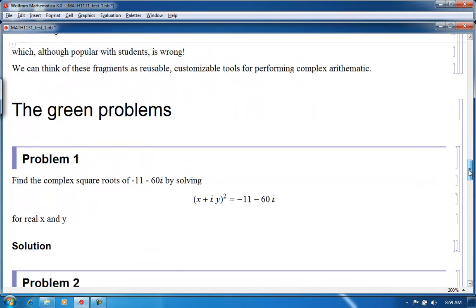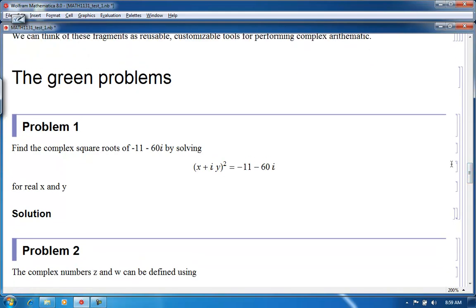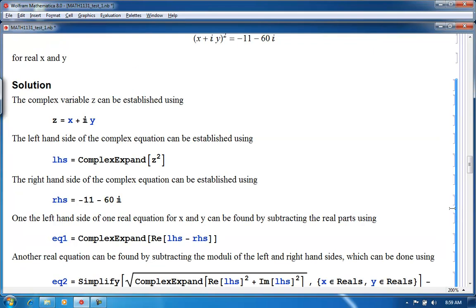Okay, so let's get on with the problems, and we'll start with the green problem set. So the first problem is to find the complex square roots of this complex number by solving this equation. Well, how do we solve that? Well, you may have seen my YouTube videos about this problem. If you haven't, you should have a look, but anyway, we'll do it.